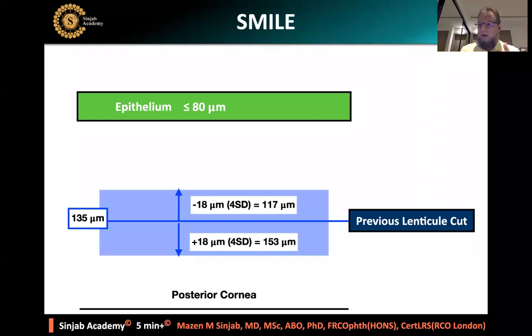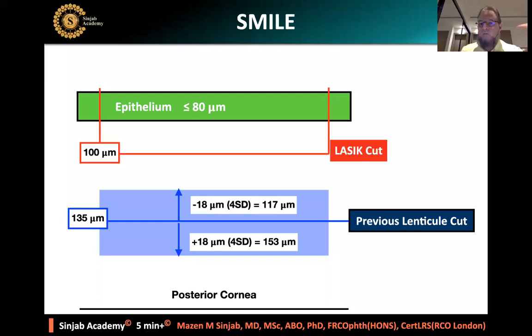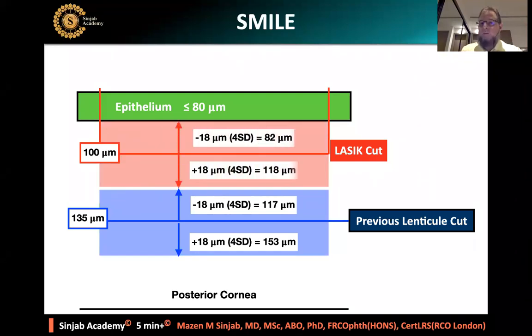So plus or minus 18 microns as a standard deviation in all cuts, even in femtosecond lasers. So when we say 135, we want to avoid any interference with the previous cut if we do a future 100 micron LASIK cut, because even that cut will have plus or minus 18 microns of 4 standard deviations, as you see here.